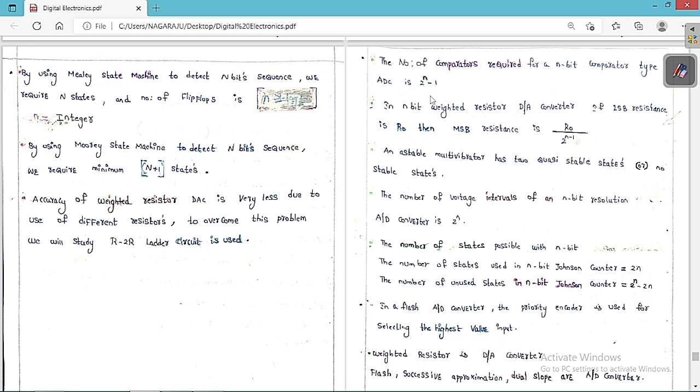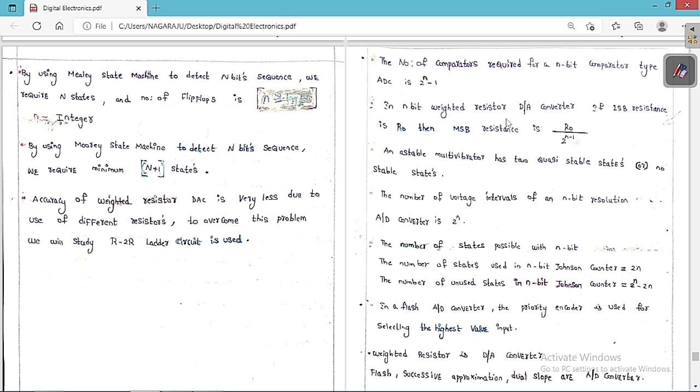The resolution of the step voltage in the flash type is VR by 2 to the power of n, where VR is the reference voltage. I have already told you all these concepts in the flash type ADC, the flash type analog to digital converter. So the number of comparators required for the n-bit comparator type ADC is 2 to the power of n minus 1.